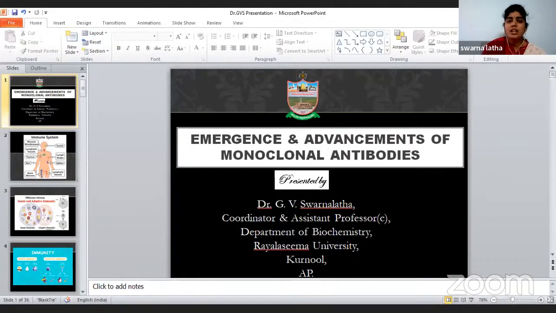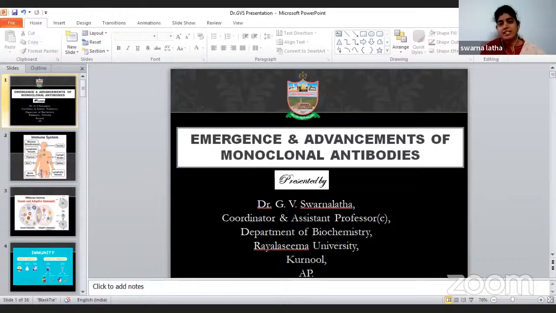The resistance offered by an individual to a particular antigen or foreign particle is nothing but immunity. Whatever components are involved in developing such immunity, that entire system we call the immune system.